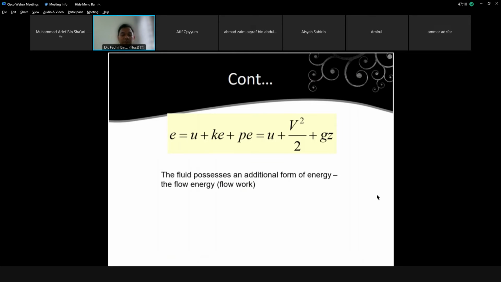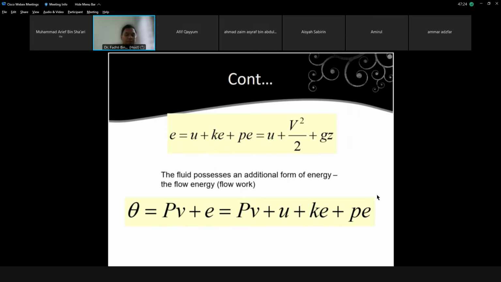The fluid possesses an additional form of energy, the flow energy. Yang ini untuk this case, chapter 4, flowing fluid or open system. So for open system, the total energy theta equal to flow work plus E tadi. Sebab E ni adalah internal energy, kinetic energy and potential energy.